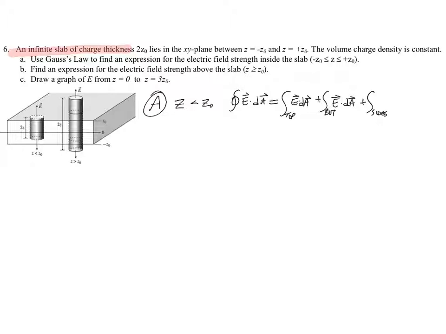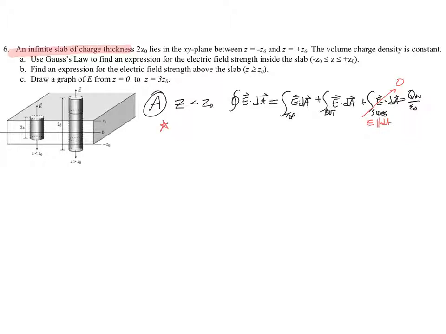I can't integrate it all at once. I'd have to bust it into its pieces parts. And of course, this is Qn per epsilon naught in there. All right, so some things to notice is that right here, this goes to 0, and the reason for that is the field is perpendicular to the area. So you can just dump that one out right there.